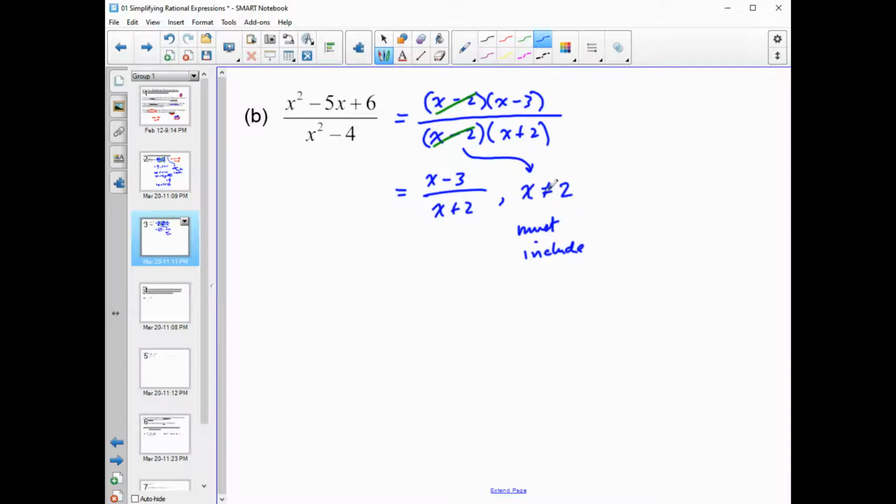The reason we have to include this piece of information is because our simplified form on its own does not tell the whole story. So we need that extra piece of information. Now, the other restriction is that x is not allowed to be negative 2, and that represents a vertical asymptote.